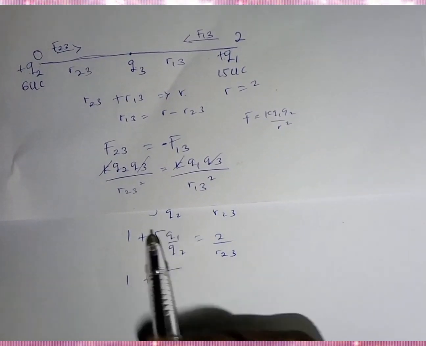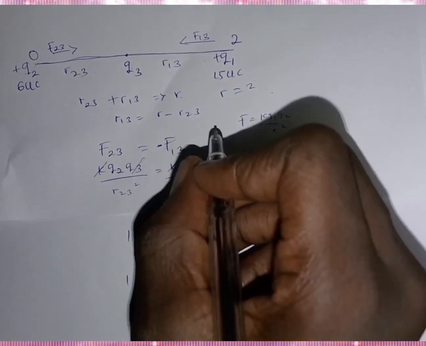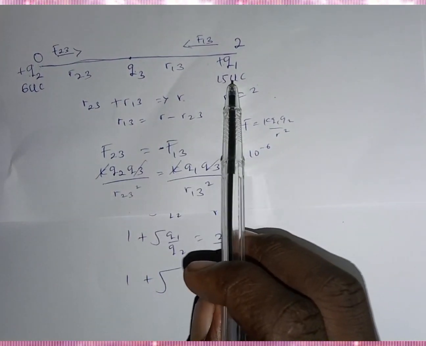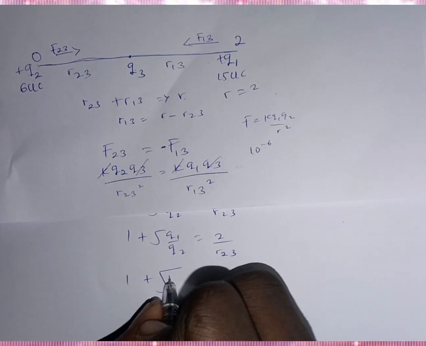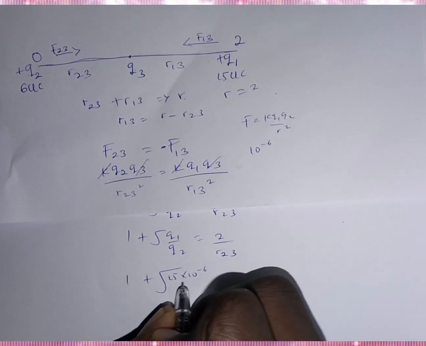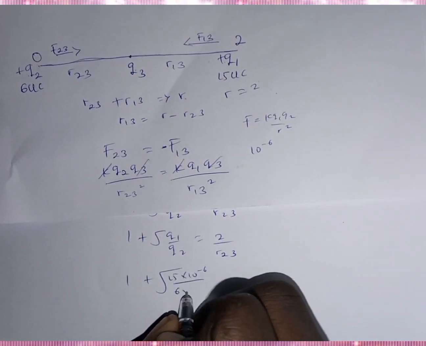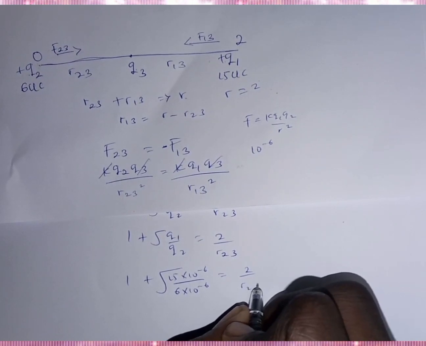The first charge is 15 µC. Now the µ stands for an abbreviation of 10 raised to the power minus 6. So anywhere you see µ, it is micro and it is 10 raised to the power minus 6 in value. So therefore Q1 is 15 times 10 raised to the power minus 6 over Q2, which is 6 times 10 raised to the power minus 6, equals 2 over R23.